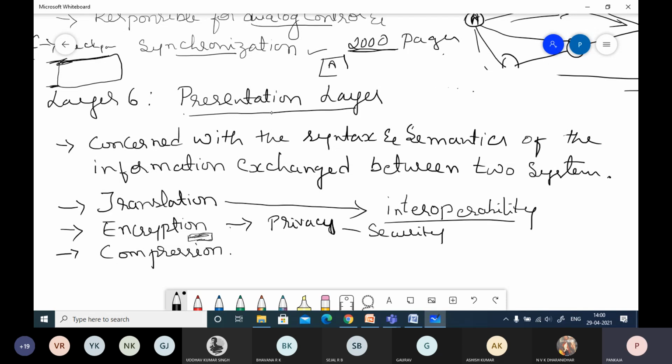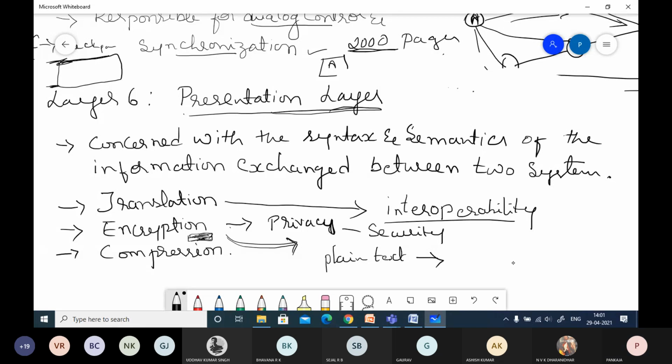Most of the data we exchange is in encrypted form. Encryption is done at the sender side, so how will a receiver come to know this? Encryption means taking plain text, I am typing the plain text, and using some mechanism to change it to ciphertext, which nobody can understand. It converts the data to an unreadable format.